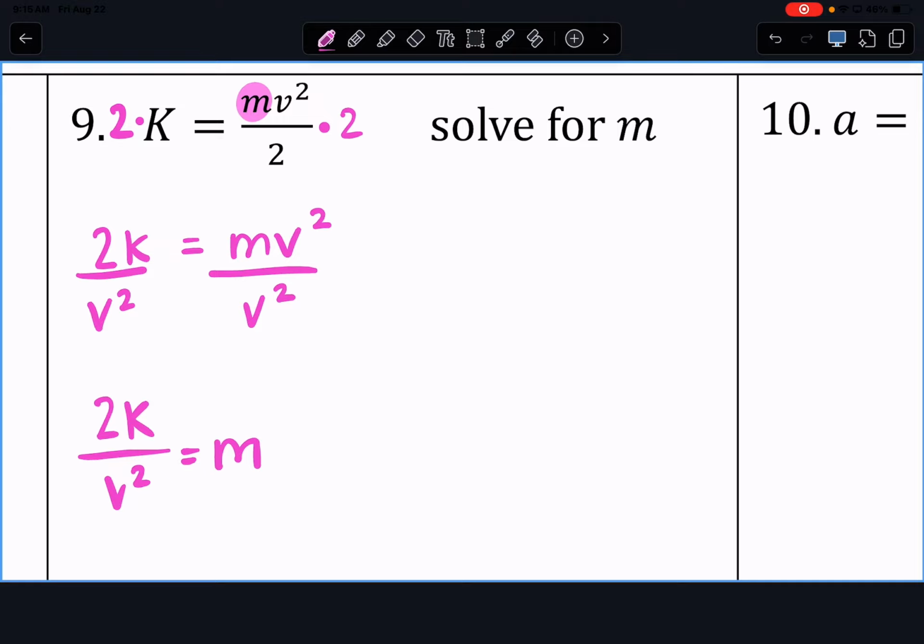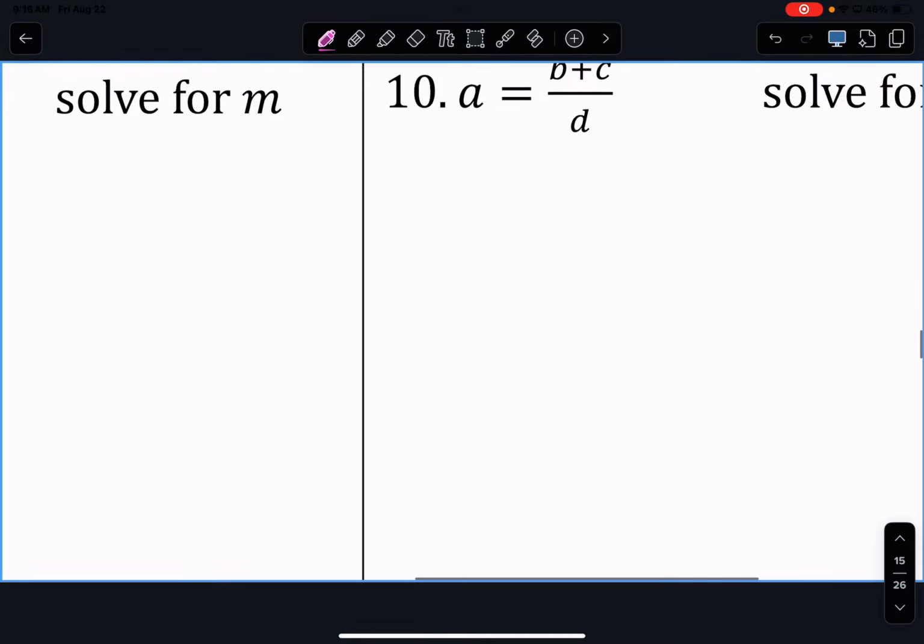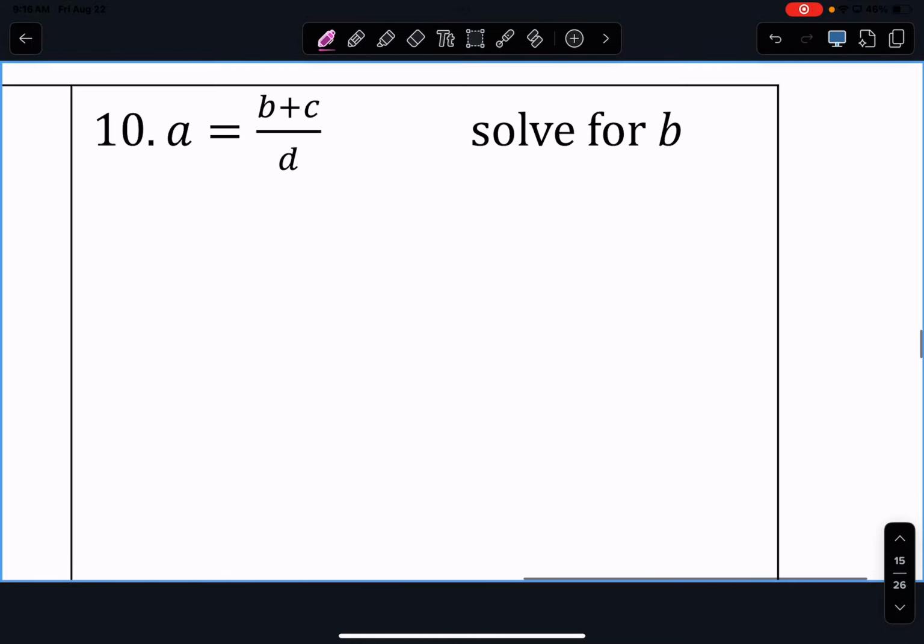And then we're going to look at 10 together as well. Okay, for 10, we are trying to solve for b. So before I can deal with the numerator, I have to get rid of the denominator. So how do I get rid of the denominator? So multiply both sides by d.